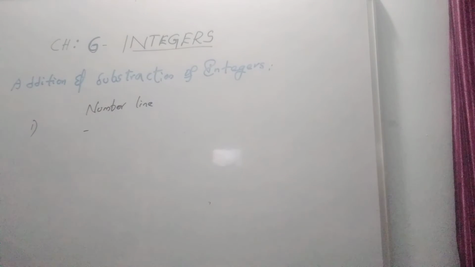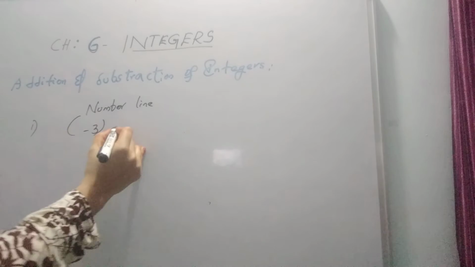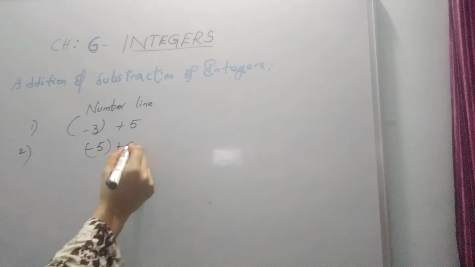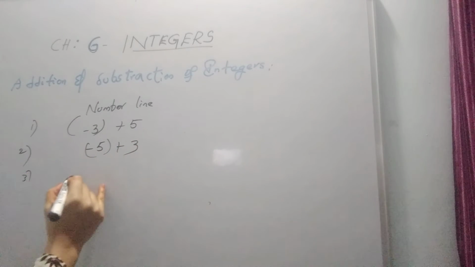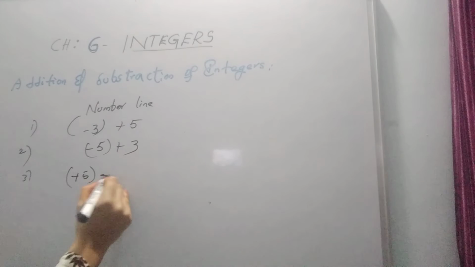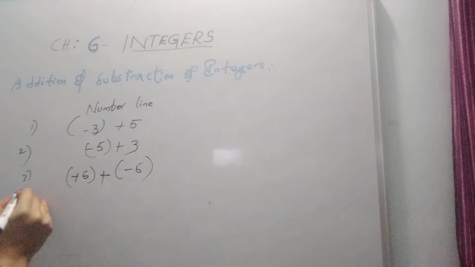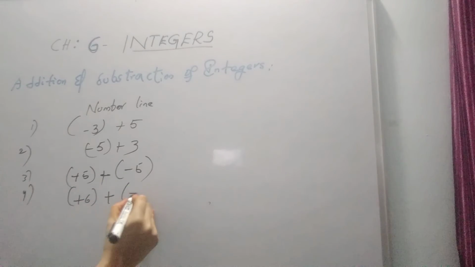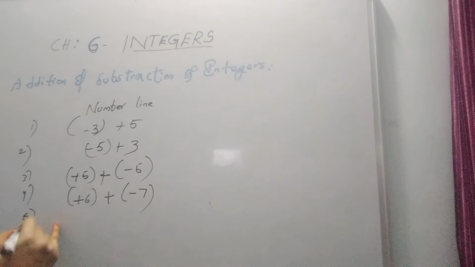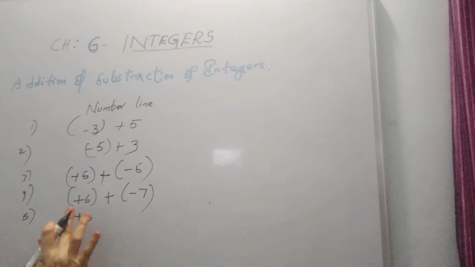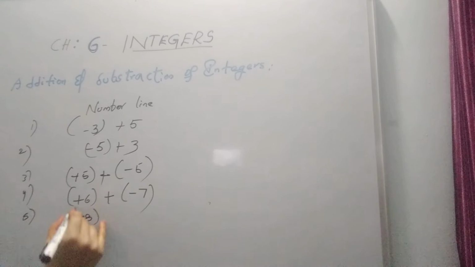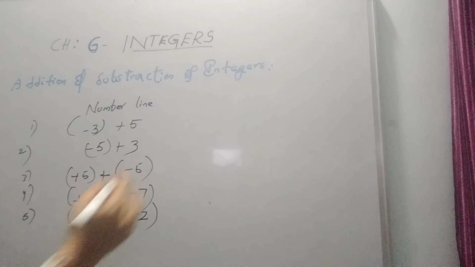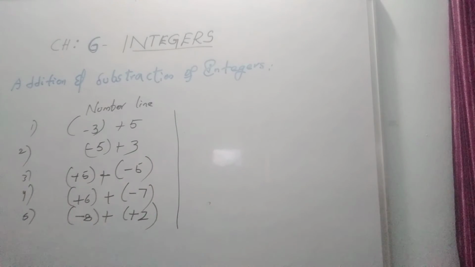First example, -3 plus 5, second, -5 plus 3, third, +5 plus -5, then 6 plus -7, and 8 plus -8 plus 2. Do these examples and comment your answers.